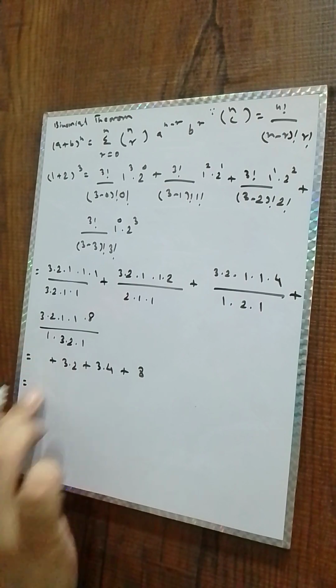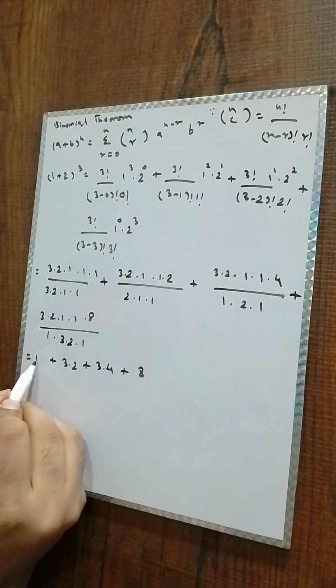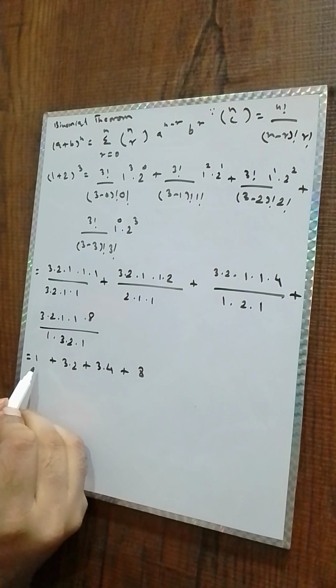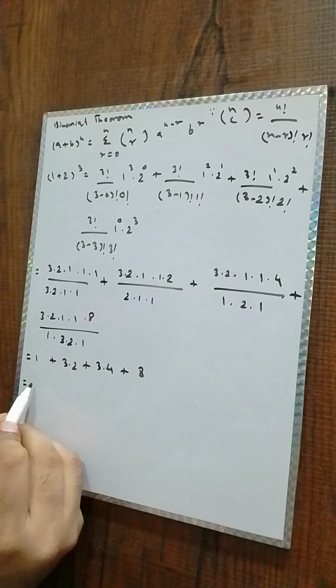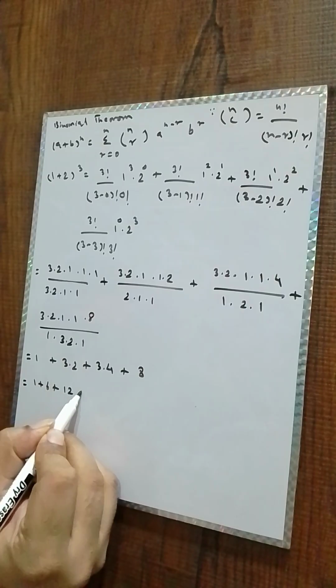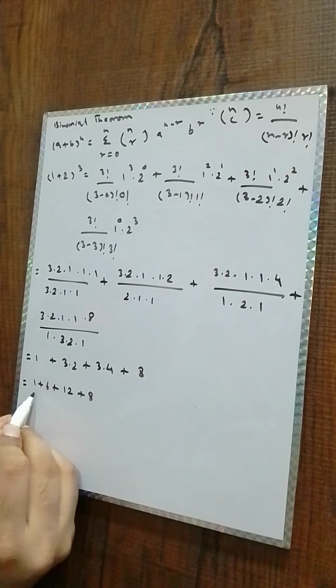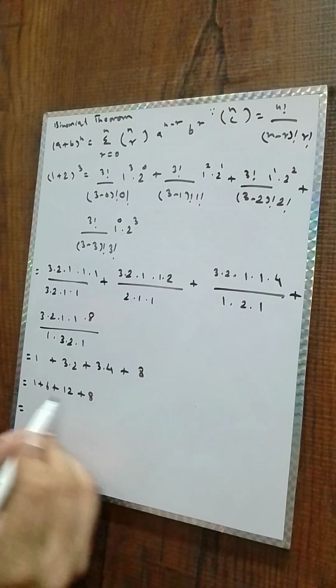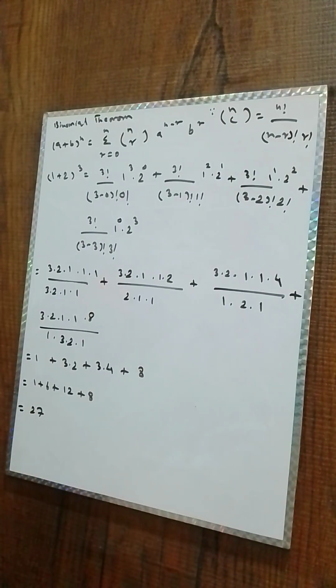So 1.1 is 1, so 1 plus 6 plus 12 plus 8, which gives us 27 once again. So this is the solution using the binomial theorem.